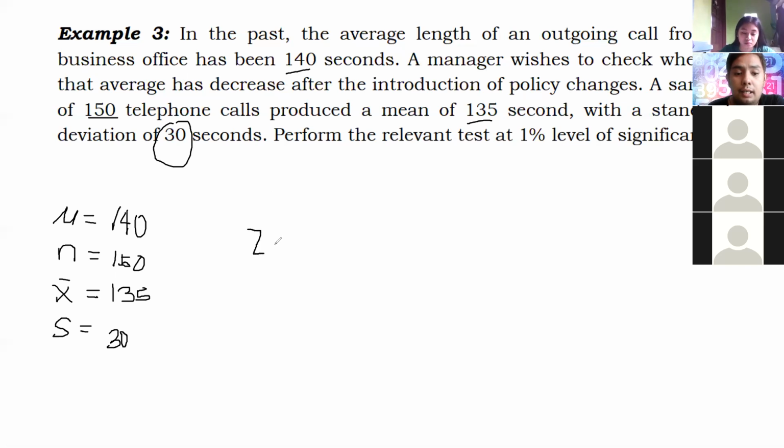So, we have z is equals to our sample mean, which is 135, minus our mean of the population, which is 140, all over our sample standard deviation is 30, all over the square root of 150.